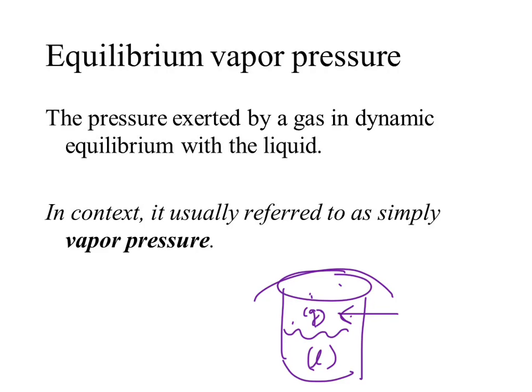The cool thing is, when we talk about the dynamic process, you have liquid going to form a gas, which we call evaporation, and gas going back to form a liquid, which we call condensation. So it's back and forth, back and forth, back and forth.